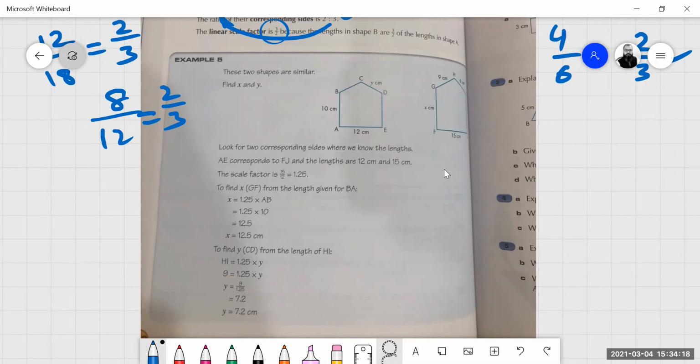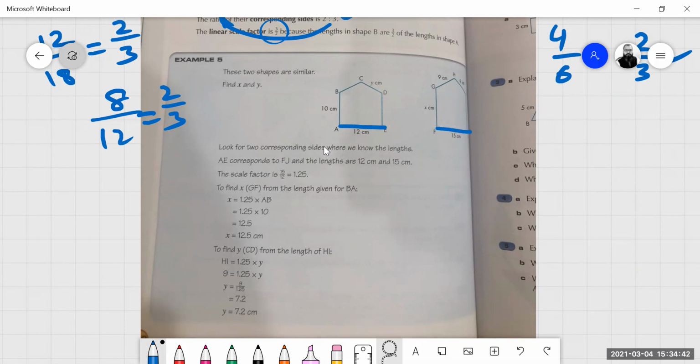Is the scale factor clear or not? No, mister. Scale factor, this is the comparative value. In this diagram, AE is 12. In this diagram, FJ is 15.